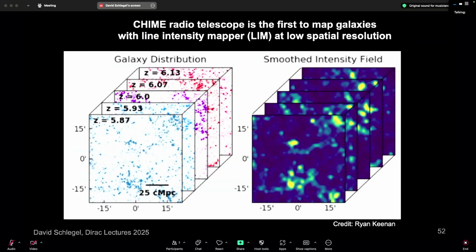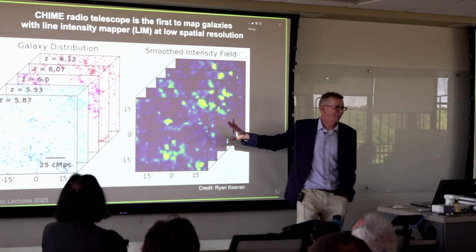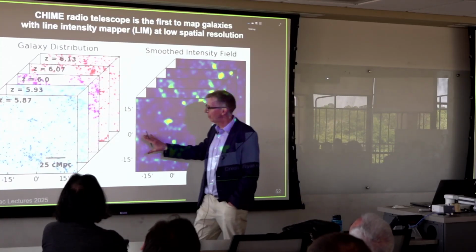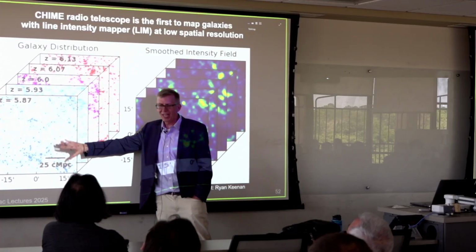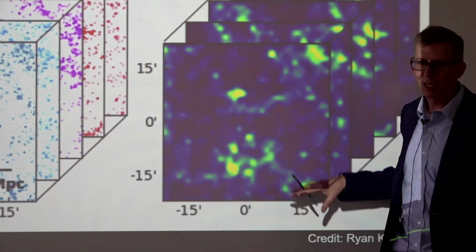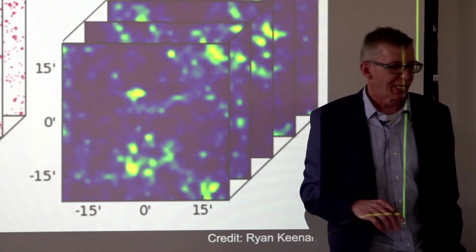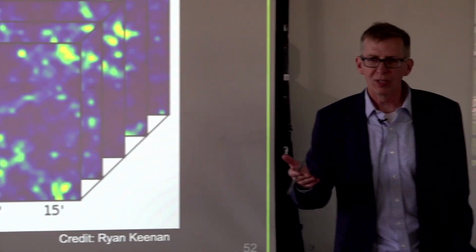And this actually isn't data from CHIME. The data from CHIME looks much worse than this, okay? But just making the point, it's not making the same kind of maps that we make by mapping out galaxies. It's making a much more smoothed out map of where the neutral hydrogen gas is. But it can do this.